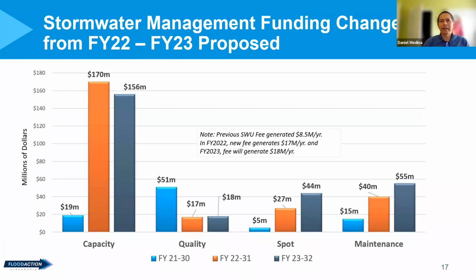So anyway, we have money to spend on these programs, thanks to the stormwater utility fee, which allows us to use this money exclusively for stormwater and flood control projects. In other words, it doesn't have to compete with fire, police, education and things like that. It's a dedicated revenue stream, which makes our life a lot easier.